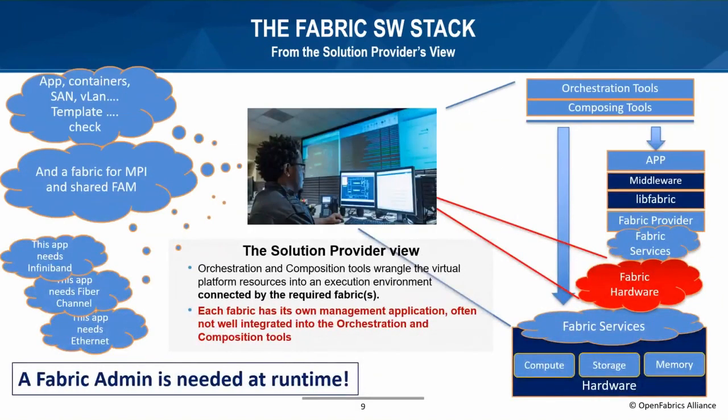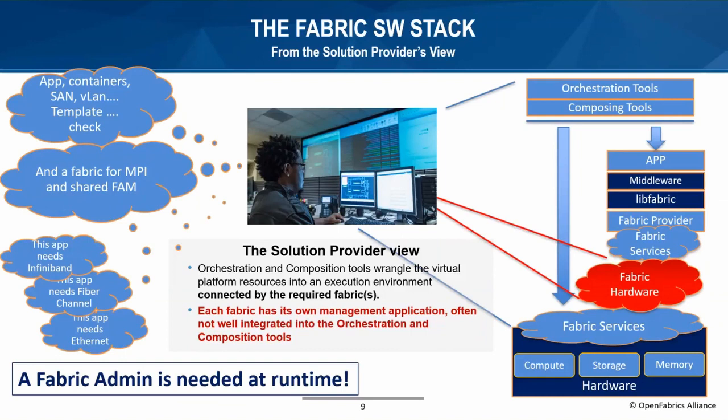However, the solution provider has visibility to too many stacks. He or she relies heavily on automation tools and orchestration tools. Their desired working model is to launch appropriate application jobs on suitable virtual platforms via use of such tools. These tools ingest the request, interpret the customer's intent from the constraints given with the request, and configure the software application stack, the platforms, and hopefully the fabric hardware itself to deliver what the client is seeking.